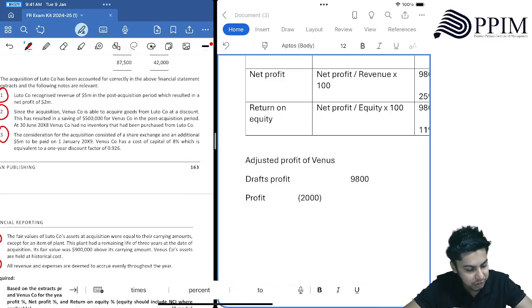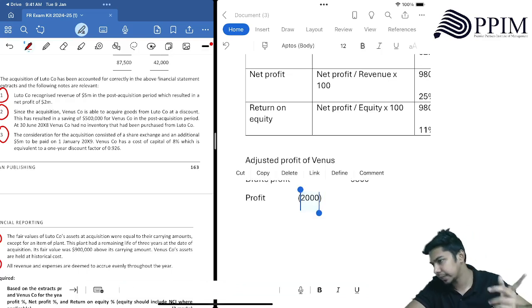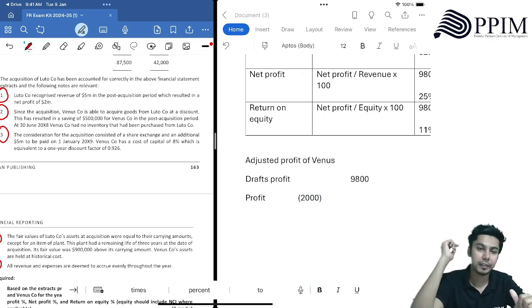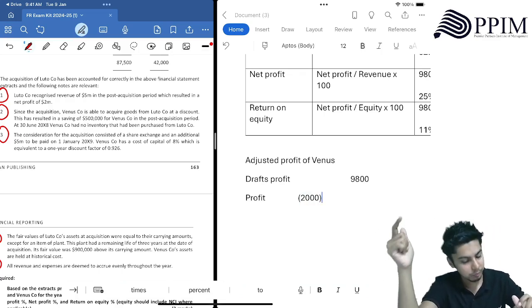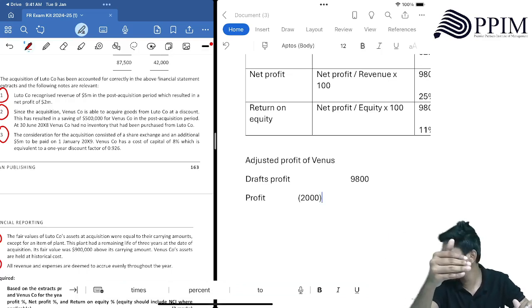Since the acquisition, Venus is able to buy goods from Luto and there is a saving of 500,000. Now guys, we don't need to take away the 5 million from revenue, because from that revenue the profit is 2 million. That revenue has been given for another purpose. Okay, right, second paragraph. When we buy goods from Luto, we are saving 500,000. Now, when Luto is not there, will we be saving that?